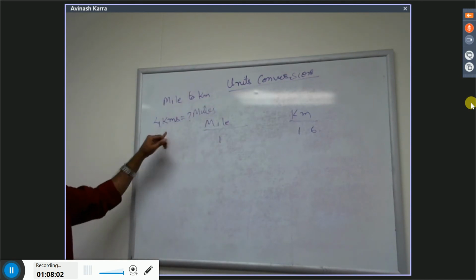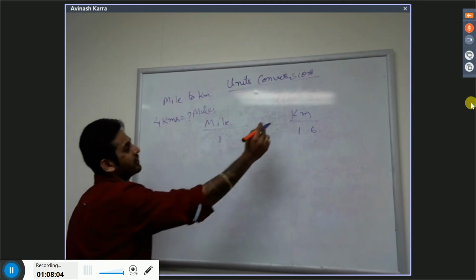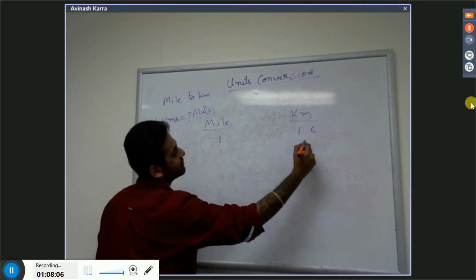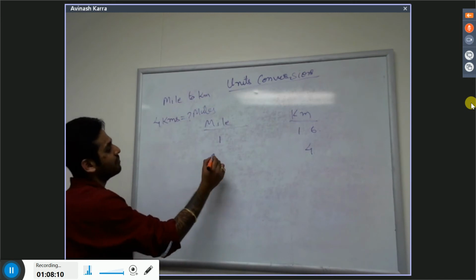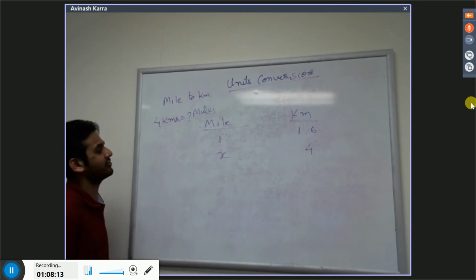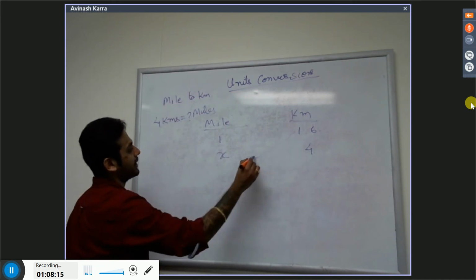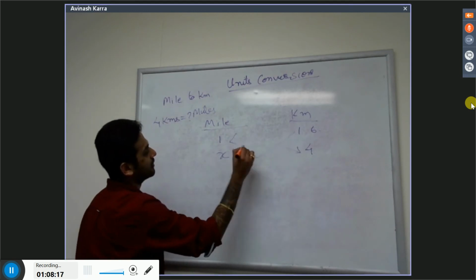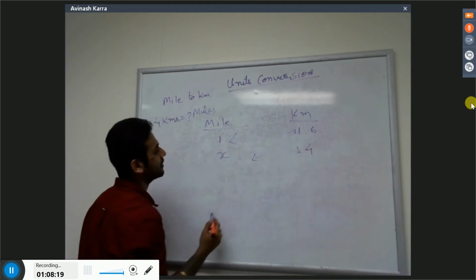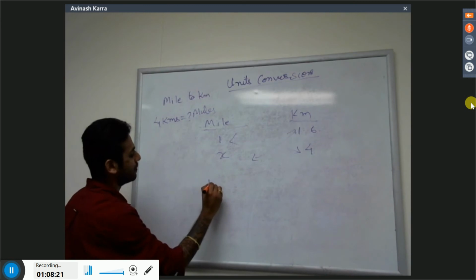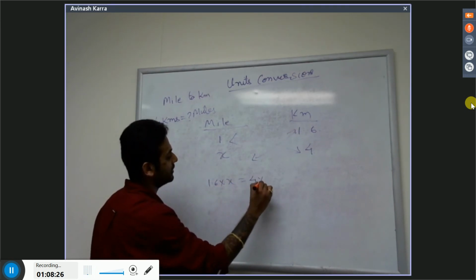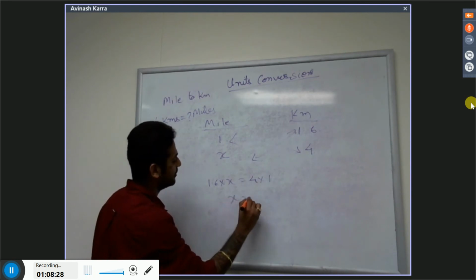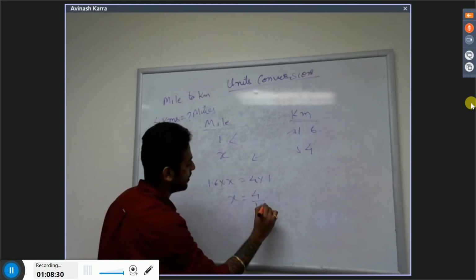So simple. Below kilometers, write the value 4. And you're asking the number of miles, you don't know, let it be X. Now you just cross multiply. 1.6 into X is equal to 4 into 1. X is equal to 4 by 1.6.